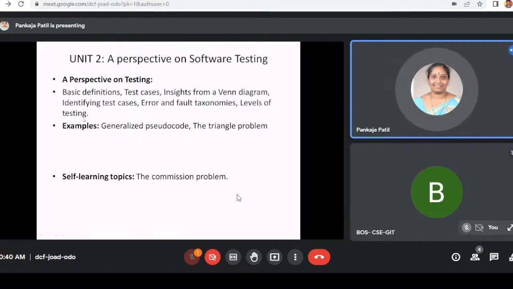Then different levels of testing. You can test the software at the unit level, at the integration level, and at the system level. Unit level means there are individual modules you have developed for the project, and you can test those modules individually. That is called unit level testing. Integration testing means you combine two or more modules and test them together.